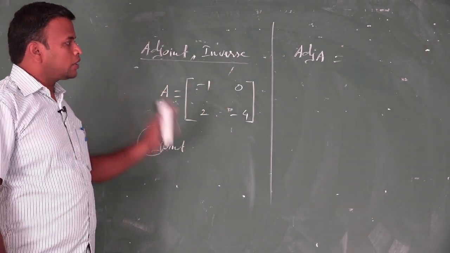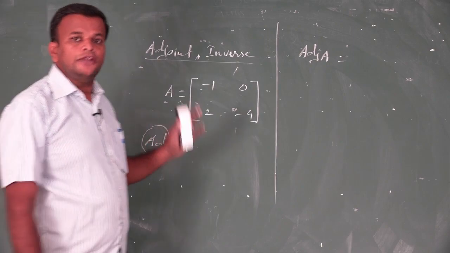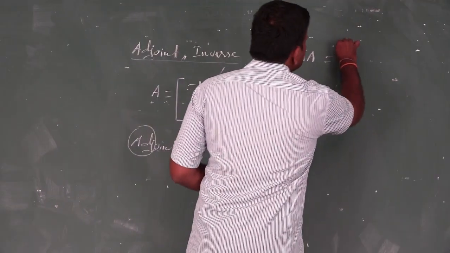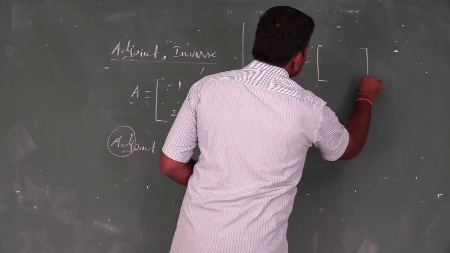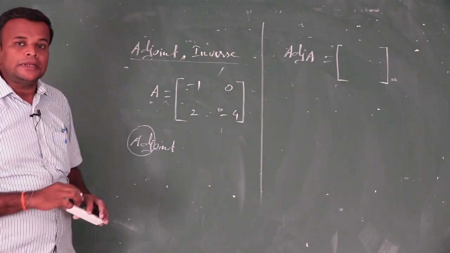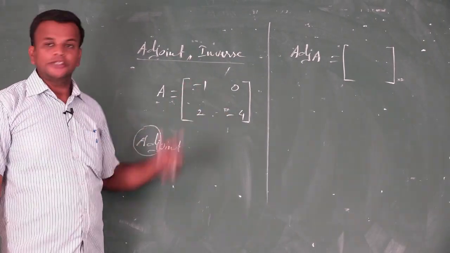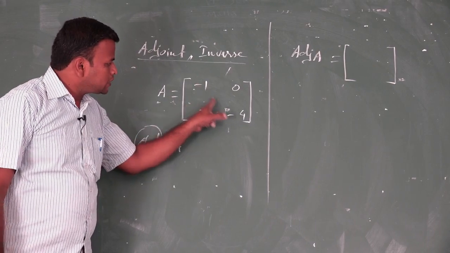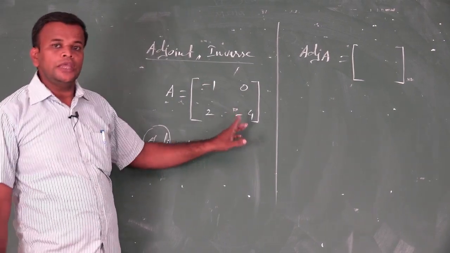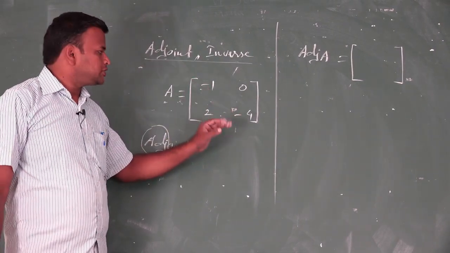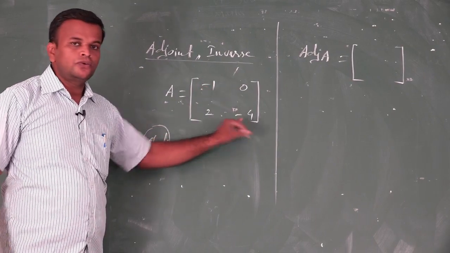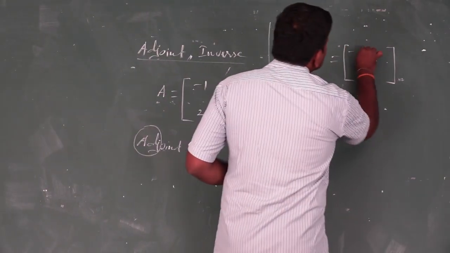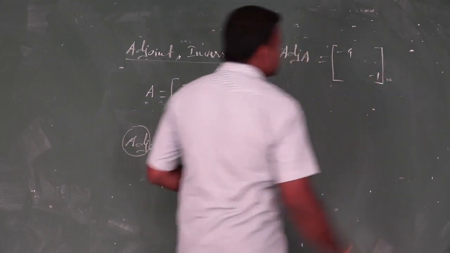So what is the working rule to find the adjoint of any 2 by 2? The first working rule is we interchange the leading diagonal elements. You know the leading diagonal elements. We interchange: -1, -4 becomes -4, -1.